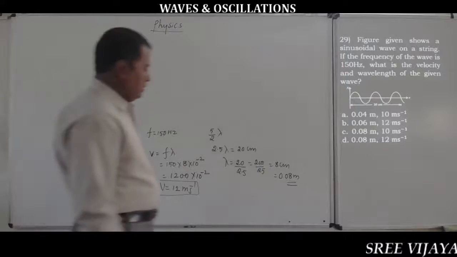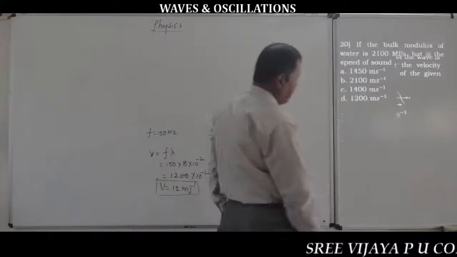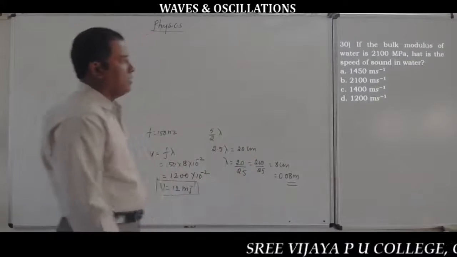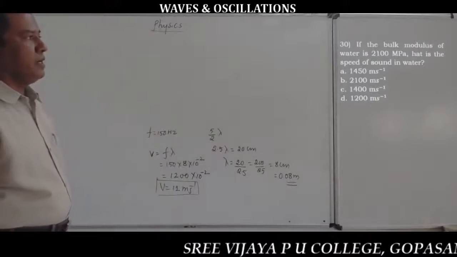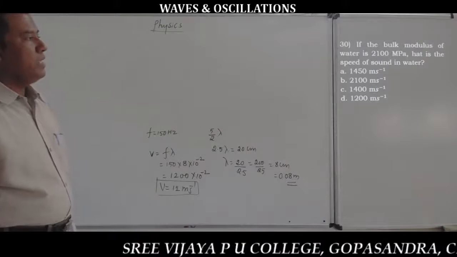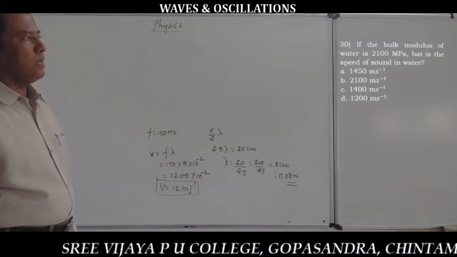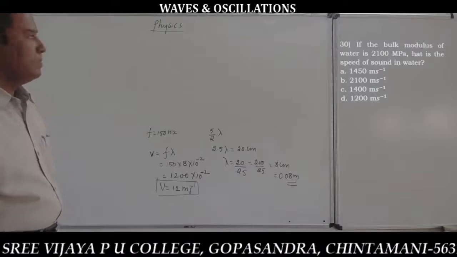Question number 30. If the bulk modulus of water is 2100 megapascal, what is the speed of sound in water? Bulk modulus is given.